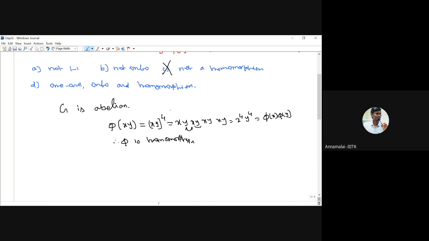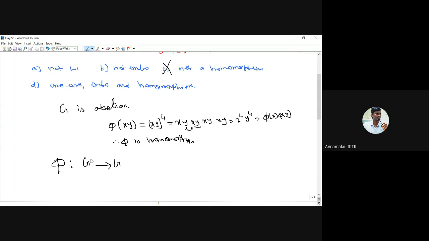Now we have to check whether the function is 1 to 1 or not. Since pi is a function from the group G to G, and G is a finite set because G contains 7 elements, the domain and codomain are equal.